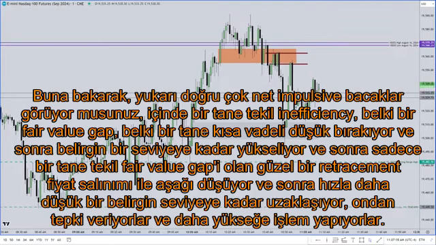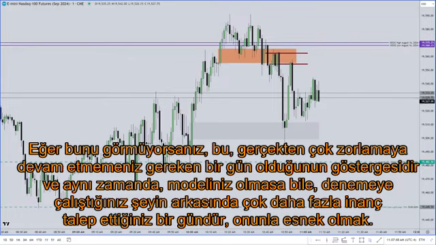Looking at this, do you see very clear impulsive legs going up, leaving one singular inefficiency in it, like a fair value gap, maybe one singular short-term low, and then it runs up to an obvious level and then drops down with a nice retracement price swing that has only one singular fair value gap, and then runs away quickly lower to an obvious level to react off of and trade higher. If you don't see that, that's the indication that this is not a day that you keep pushing really hard.